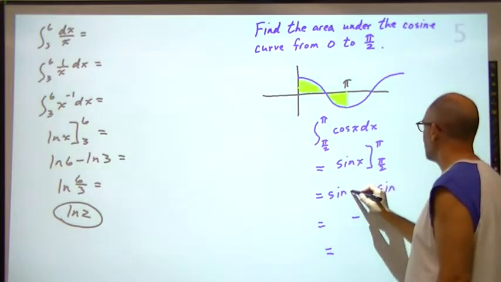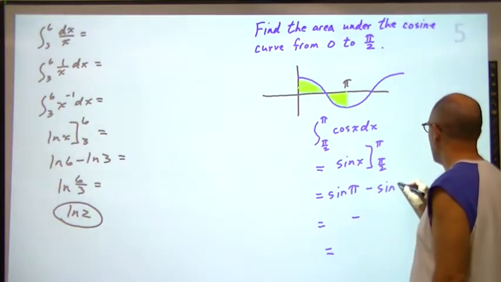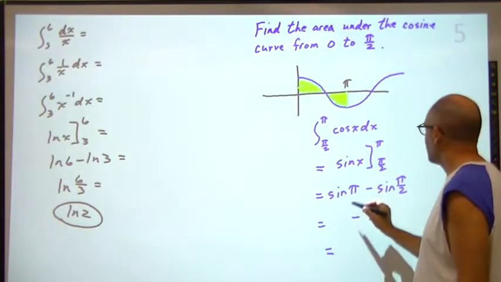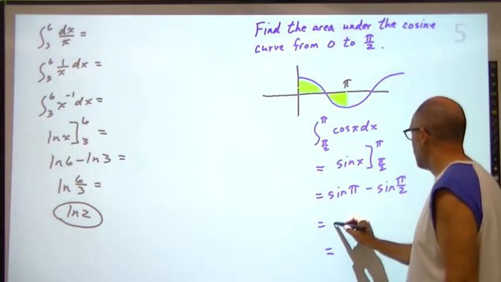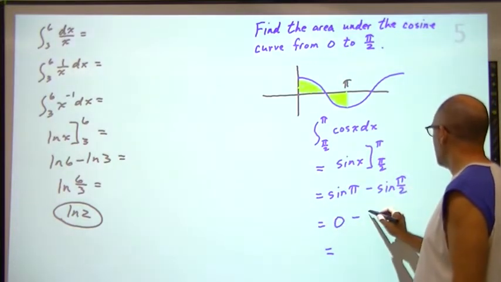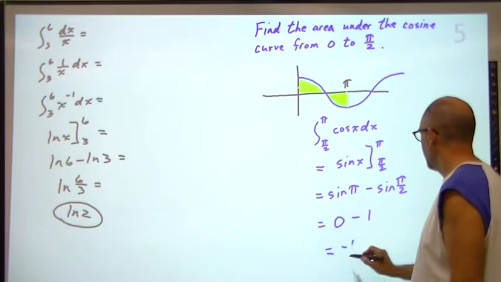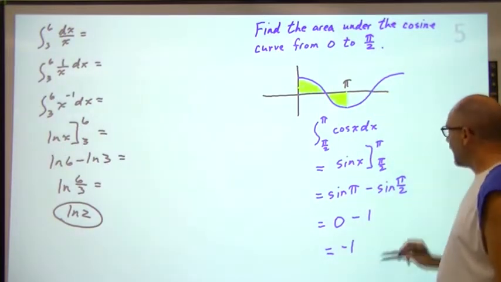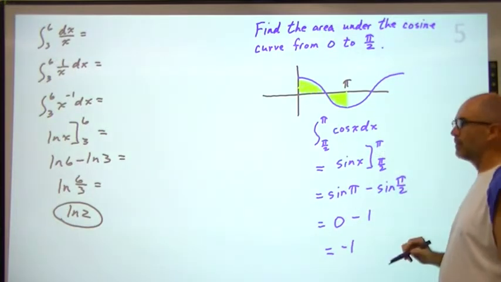So that means I've got sine of pi minus sine of pi over 2. Now what's sine of pi? That's going to be 0. Sine of pi over 2 is 1. So the area from pi over 2 to pi is negative 1.